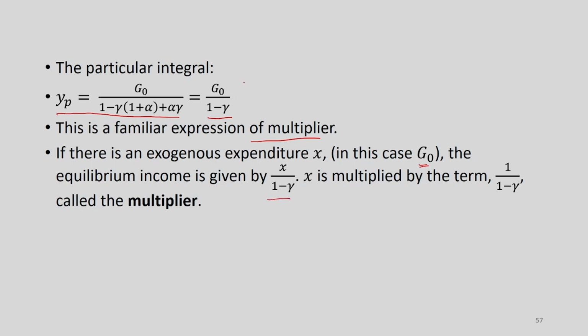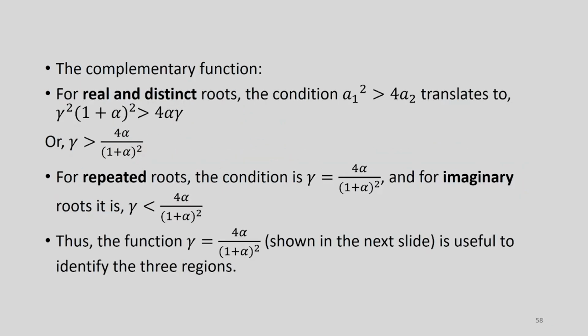Here the same thing is happening, G_0 divided by 1 minus gamma. x is multiplied by this term and this term is called the multiplier, 1 divided by 1 minus gamma. And what is gamma? Marginal propensity to consume. So, that is why I said that MPC is an element of the multiplier.